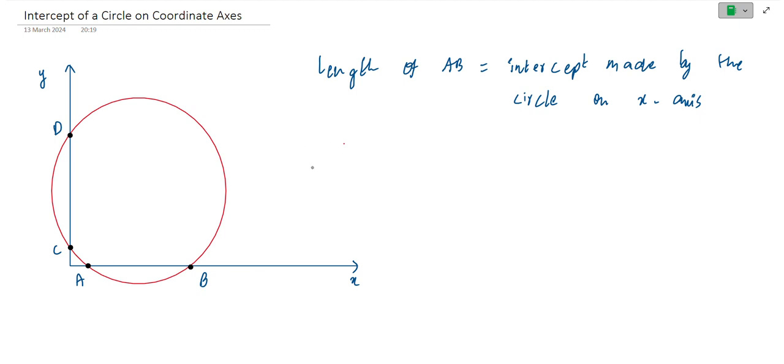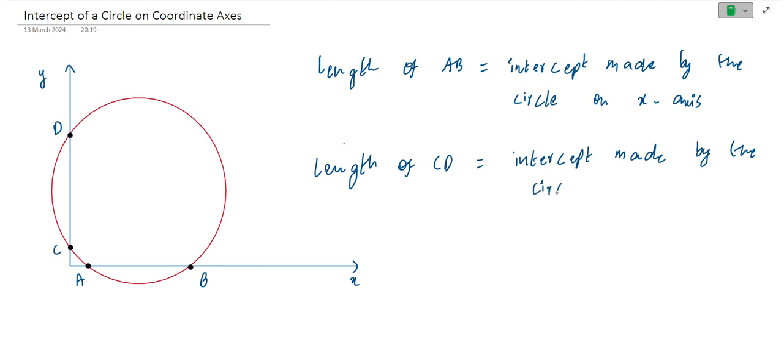Length of CD is the intercept made by the circle on y-axis.